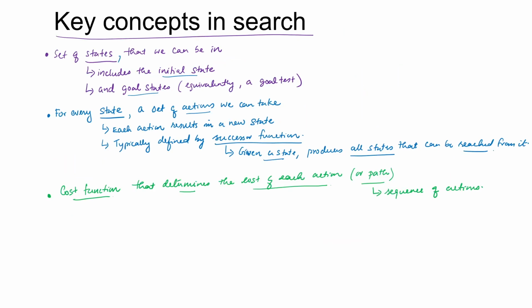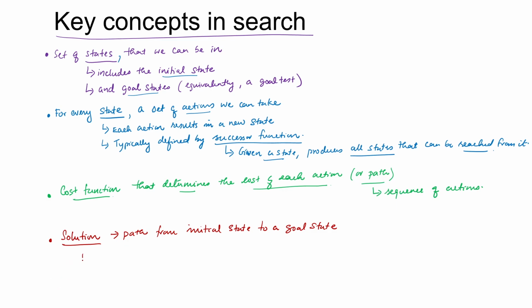The last important, fourth part is the solution. A solution is a path from the initial state to a goal state. So, these are the four major things.